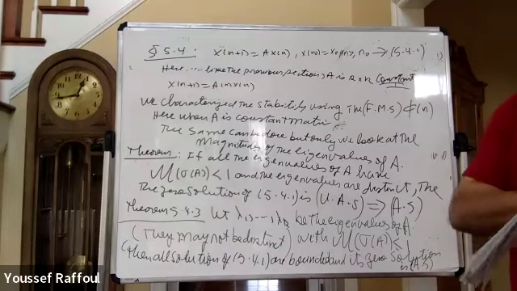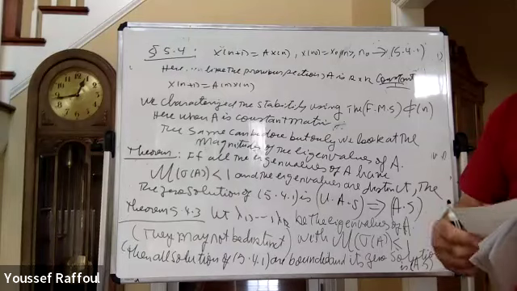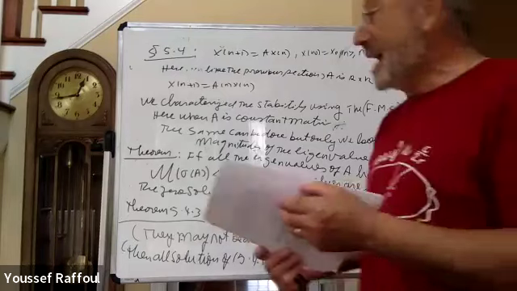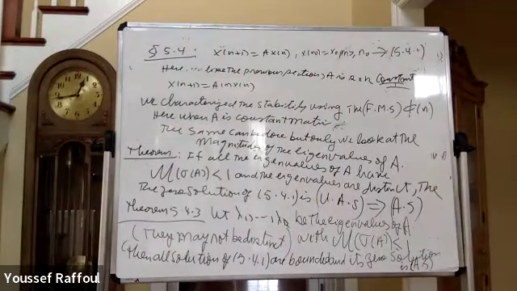So the stability depends on the eigenvalue of A when the matrix A is constant. Okay?